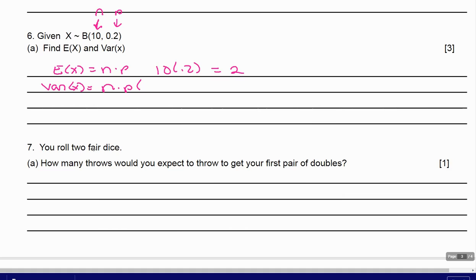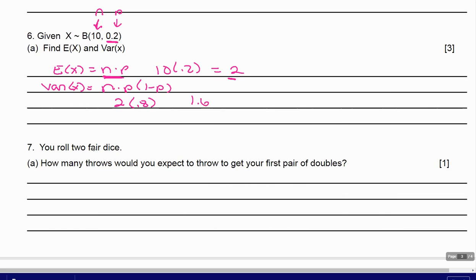What's Q? Exactly. Now keep in mind, what's N times P? So we could just do 2 times, and what's 1 minus 0.2? What's 2 times 0.8? That's going to be my variance.